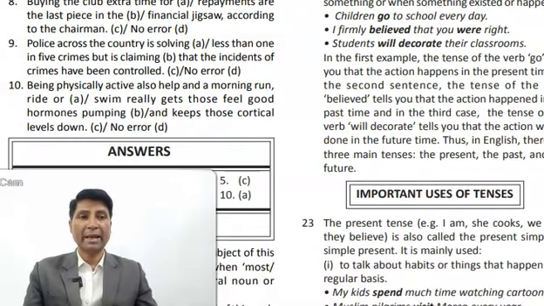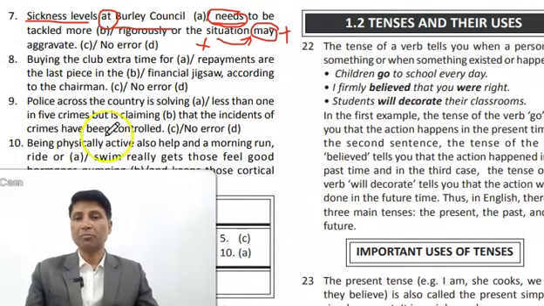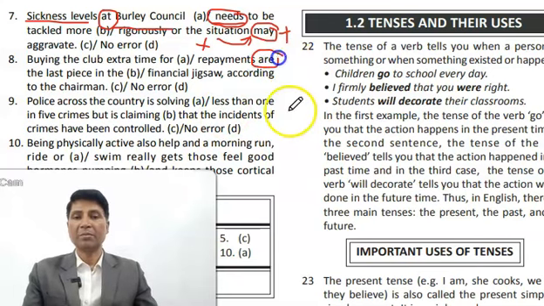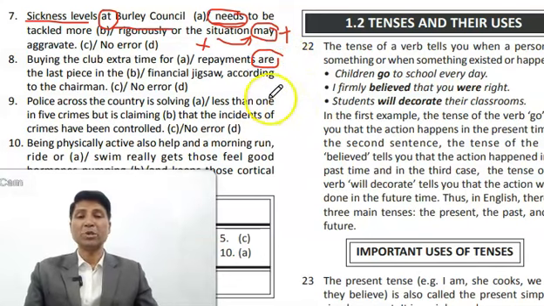Moving to question number 8. Buying the club extra time for repayments are the last piece in the financial jigsaw, according to the chairman. This is the finite verb. Now, what is the subject over here?